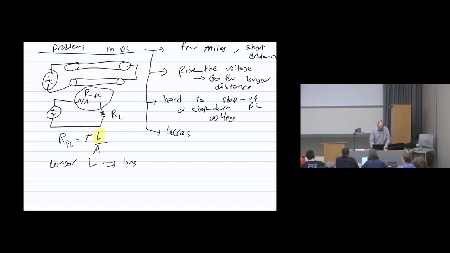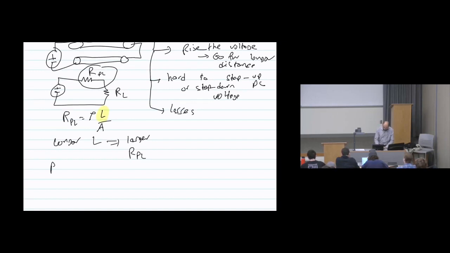Larger resistance, larger R. Then with larger L, what will happen to the losses? Power losses at the power lines equal I squared times R. So the larger the distance, the larger the losses.